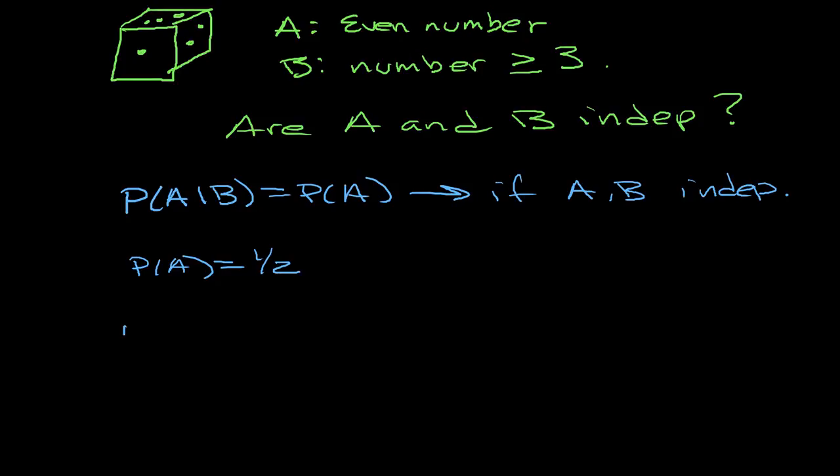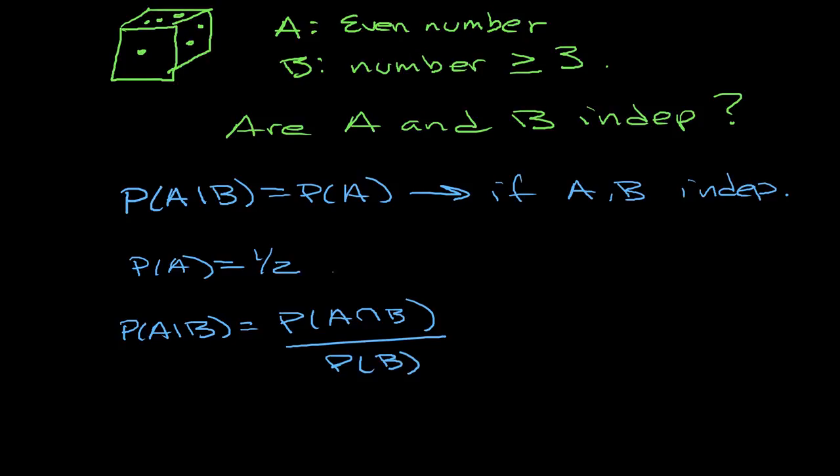What else do we need? We need the conditional probability, which is just the intersection over the probability of B. So the probability of B is observing a number greater or equal than 3. So that's the same as computing the probability of 3, 4, 5, and 6.